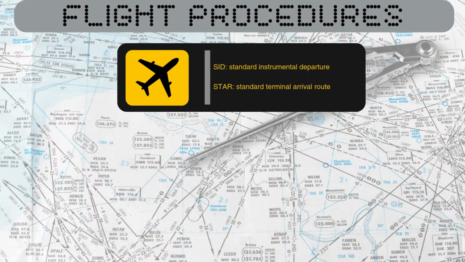Again, it's a predefined route which contains various beacons which you need to follow, and based on that, you will eventually end up in the route which you fly to the other airport, and then you will hit the standard terminal arrival route. That's a predefined route again, which will guide you to the airport. It's not mandatory to use. That's applicable both to the SID and the STAR.